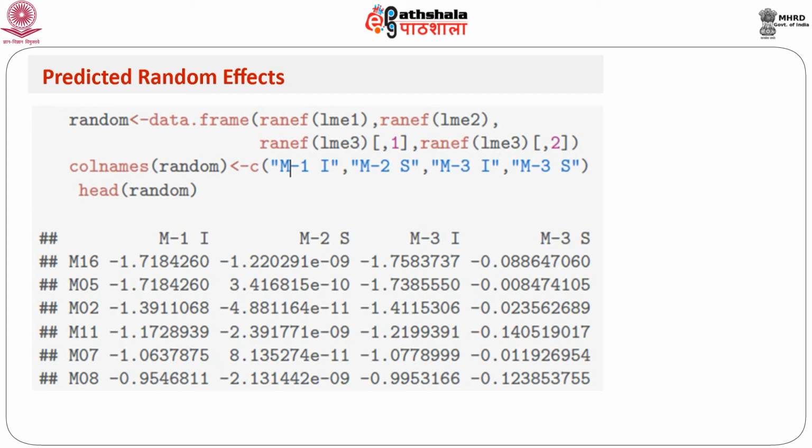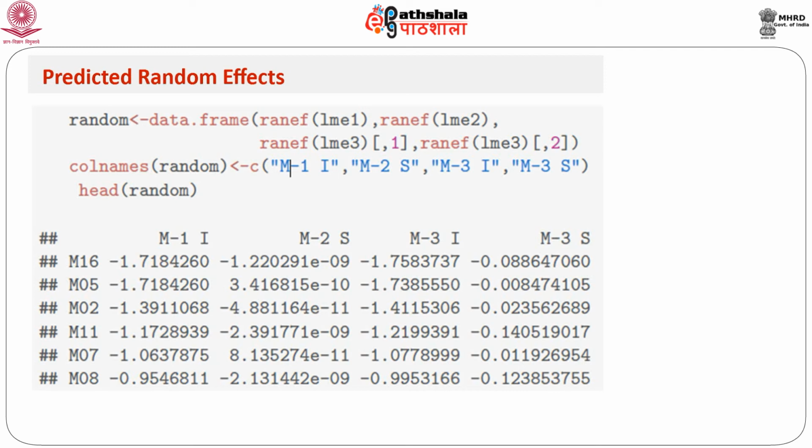And so what we are getting is that for the random intercept only model, if we compare this with this, we see that the random intercept only model is producing smaller intercepts than the random intercept random slope model.